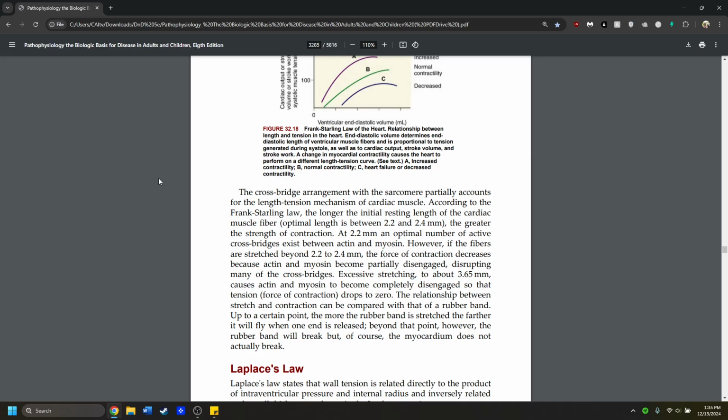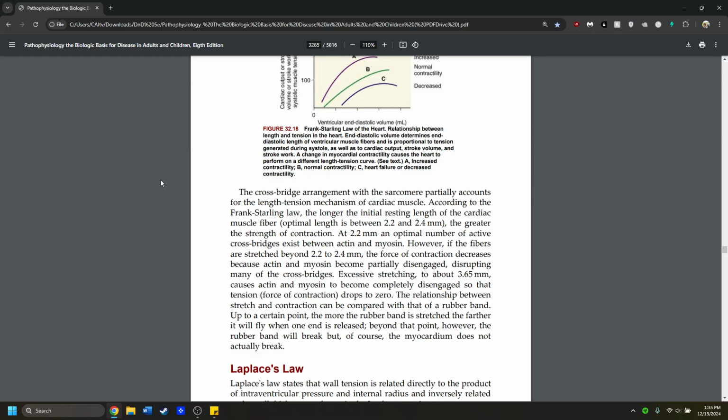The cross-bridge arrangement with the sarcomere partially accounts for the length tension mechanism of cardiac muscle. According to the Frank-Starling law, the longer the initial resting length of the cardiac muscle fibers, where again the optimal length is 2.2 to 2.4 mm, the greater the strength of contraction. At 2.2, an optimal number of active cross bridges exists between the actin and the myosin.